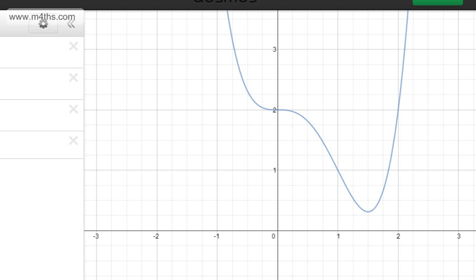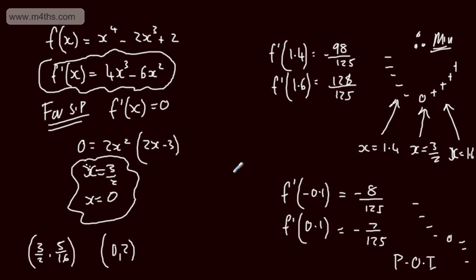So that gives us the first method that we could use, which is evaluating either side. The second method is to use the second derivative. Now the second derivative is the gradient of the gradient function. So if we have a function of x and we find its derivative f dashed of x is equal to 0, this gives us a stationary point.